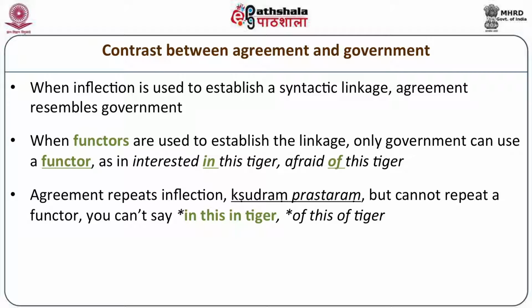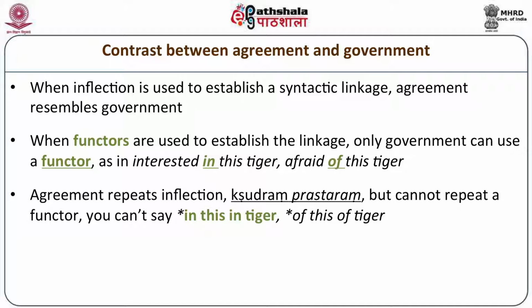Agreement never does this. You never find an agreement relation saying, there is an of here, please copy that of and use it twice. In other words, instead of go to the brown house, you never find somebody saying, go to the to brown to house, which would involve to being attached to every single word because you want it to be repeated over the entire phrase.